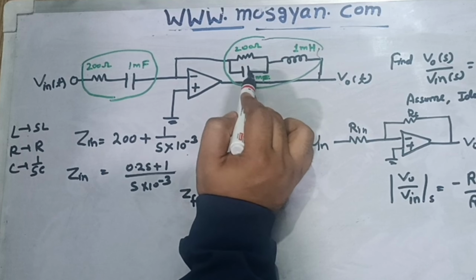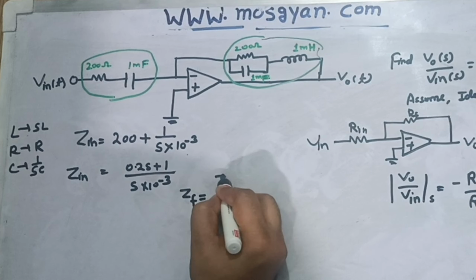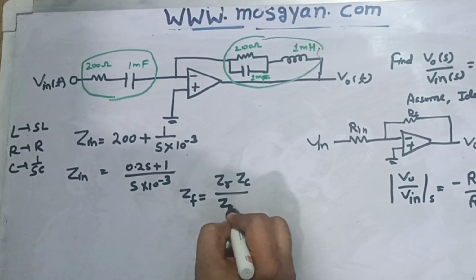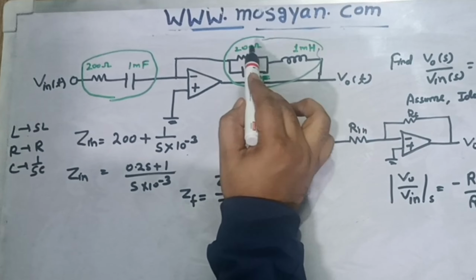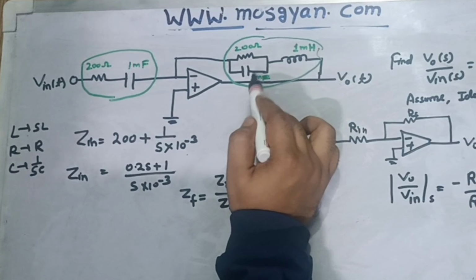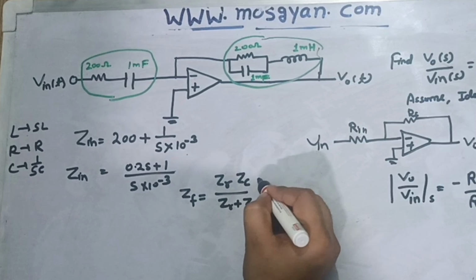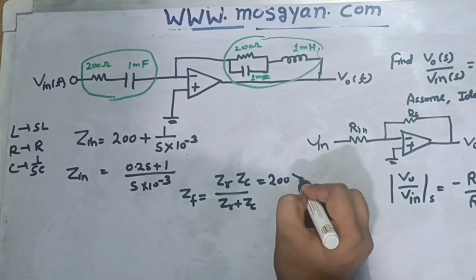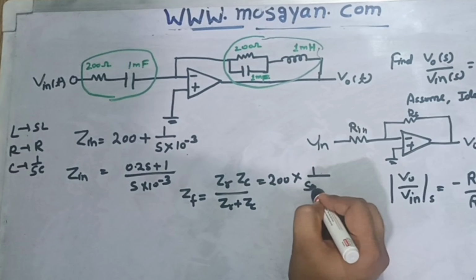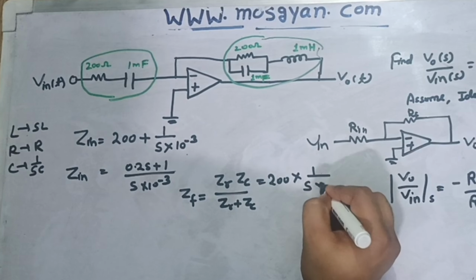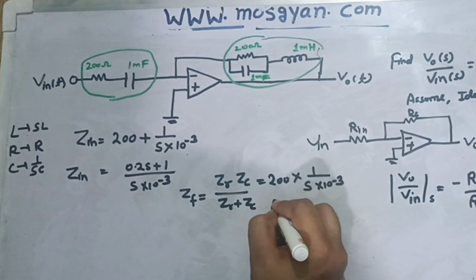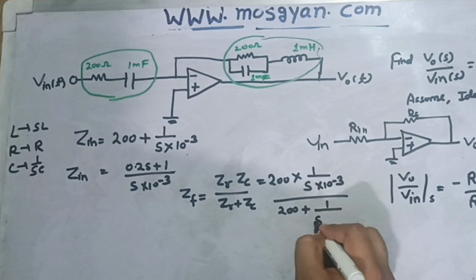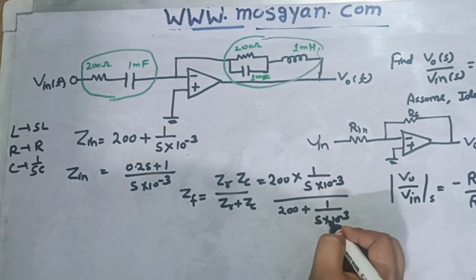Here R and C are in parallel. So for parallel, I can write the equation as ZR into ZC upon ZR plus ZC. ZR I'm assuming is 200 and ZC is the impedance of this 1 millifarad cap. So if I further solve this, ZR is 200, ZC would be equal to 1 upon SC, which is 1 upon S into 10 to the power minus 3, divided by 200 plus 1 upon S into 10 to the power minus 3.